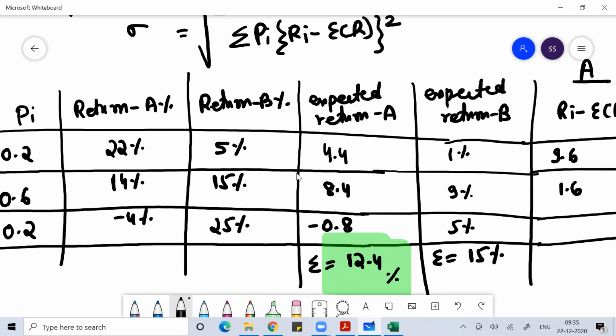Then minus 4 minus 12.4 means that would be minus 16.4. That is Ri minus ER.